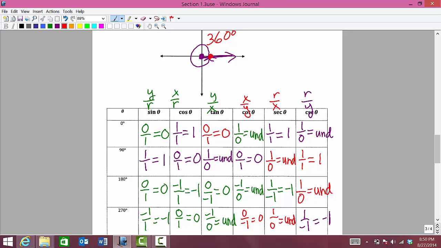We would pick a point that lives on this terminal side of the angle, and that would be (1, 0). And guess what? That's the same exact point that we picked for 0 degrees, because they have the same terminal side. And if I form all my 6 trig functions, we're going to get exactly the same values that we got for 0. So 360 degrees and 0 degrees have exactly the same 6 trig function values.